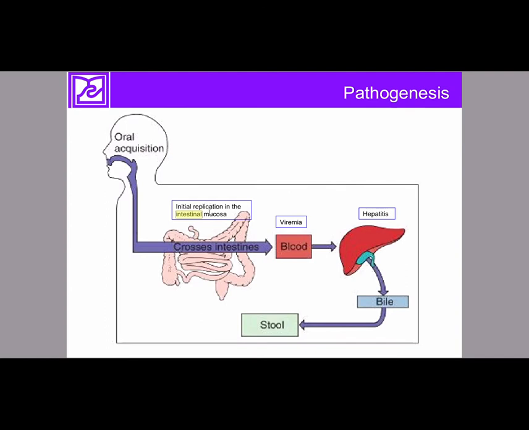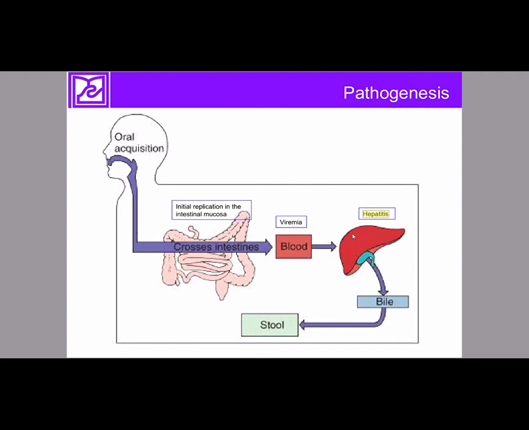These virions cross the intestinal wall, cross the intestinal mucosa, and they go to the blood. That's viremia. And from the blood, they can go to infect the target host cell, the hepatocyte in the liver, and they cause hepatitis, lytic infection.